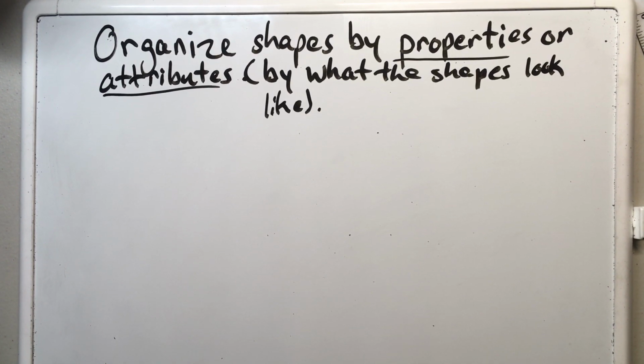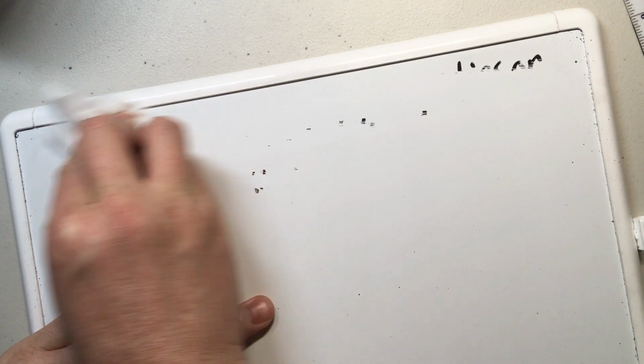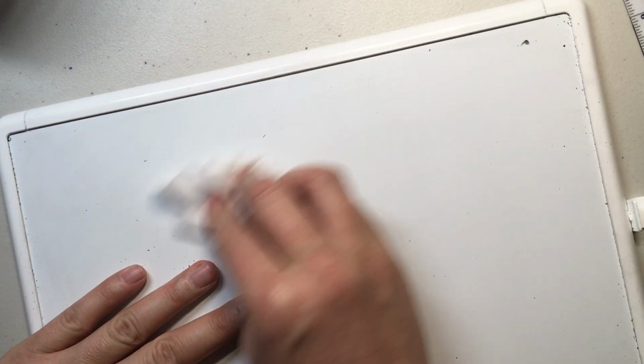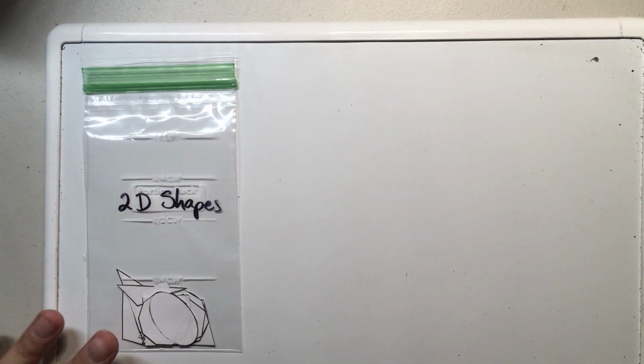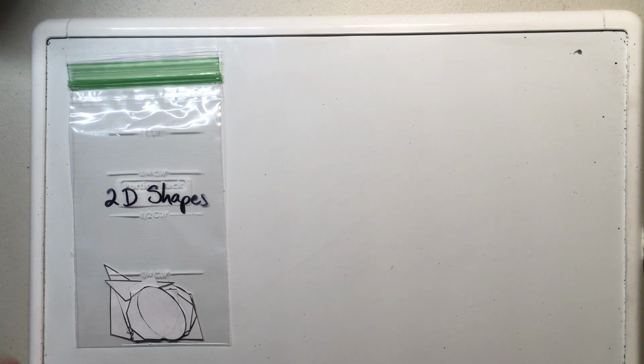Okay, good. And this is great for learning, okay? This is perfect for learning. What you do is you take your 2D shapes and you start organizing them according to properties. And you just do this over and over and you make different styles, okay?